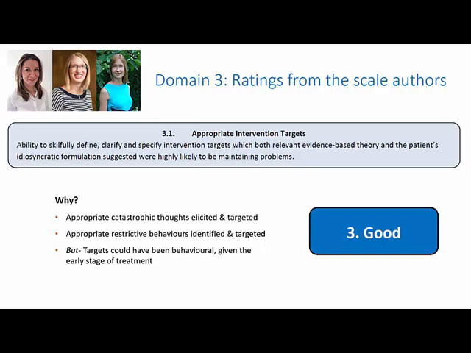We felt that given this early stage of treatment and the strong evidence base for behavioural interventions focusing on regular eating early on in treatment, the therapist could perhaps have focused more on the behavioural aspects of restricted eating here. Perhaps being a little bit more explicit and concrete in identifying and targeting this restricting behaviour.